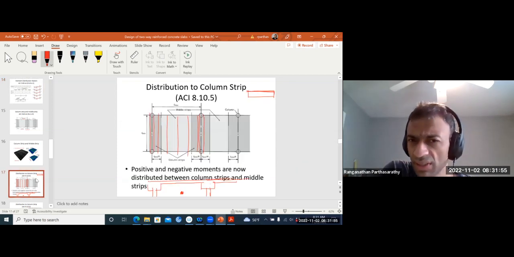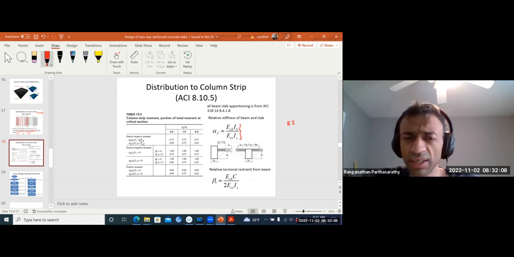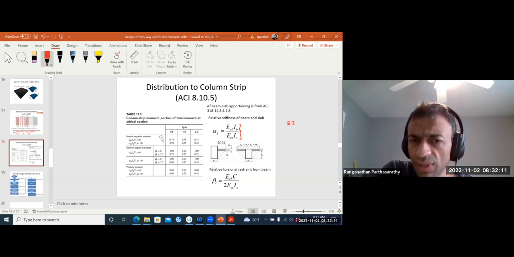What is the percentage that is going to column strip? That depends specifically on relative stiffnesses in different directions. We will do that using this alpha F1 L2 by L1.